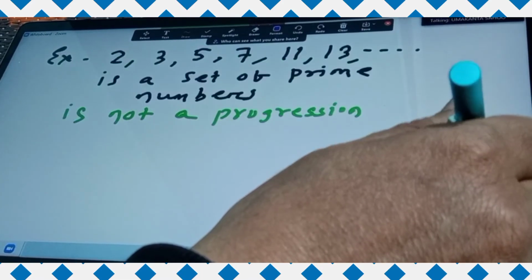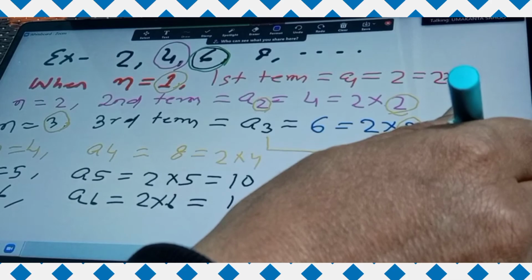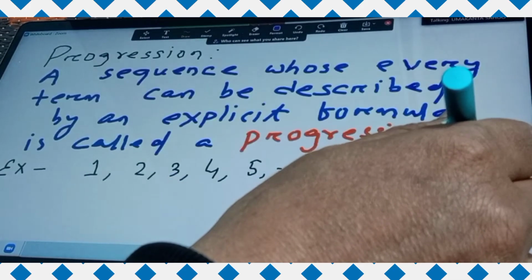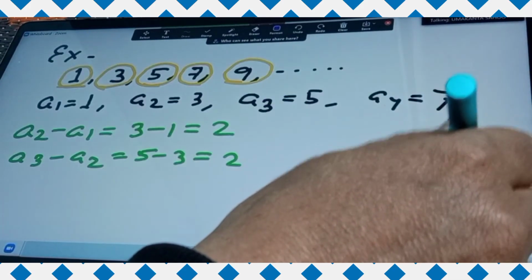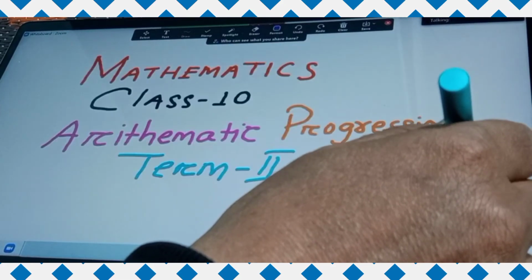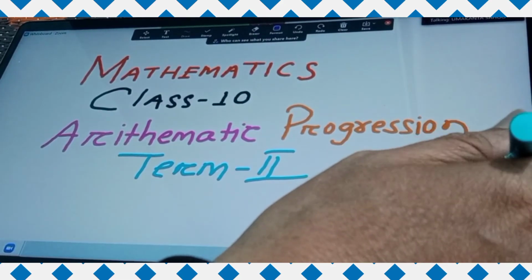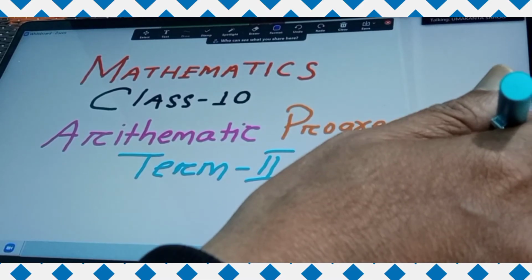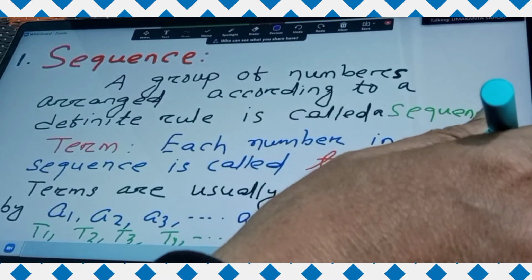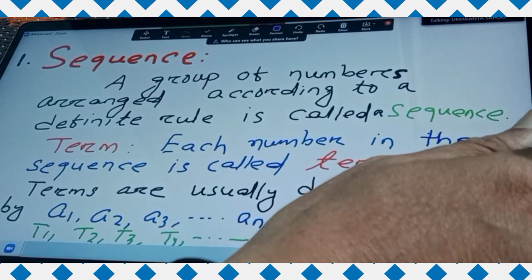Okay, let's see once again. Here we're discussing arithmetic progression of mathematics class 10 term 2, and here the sequence.